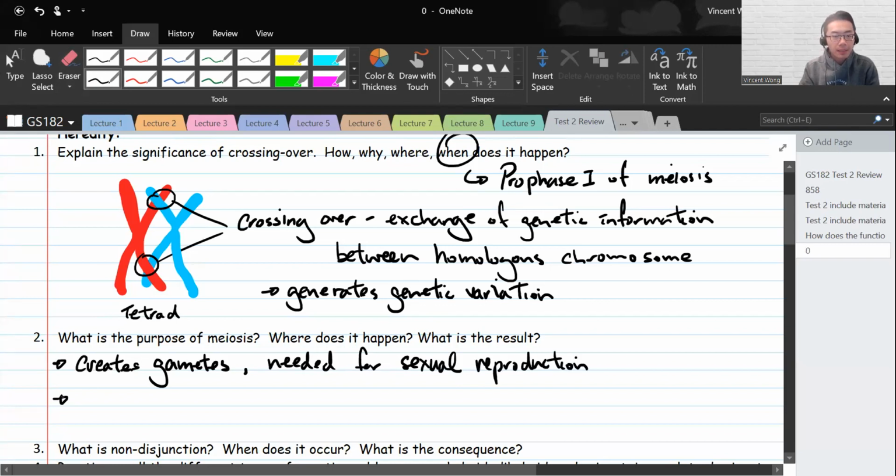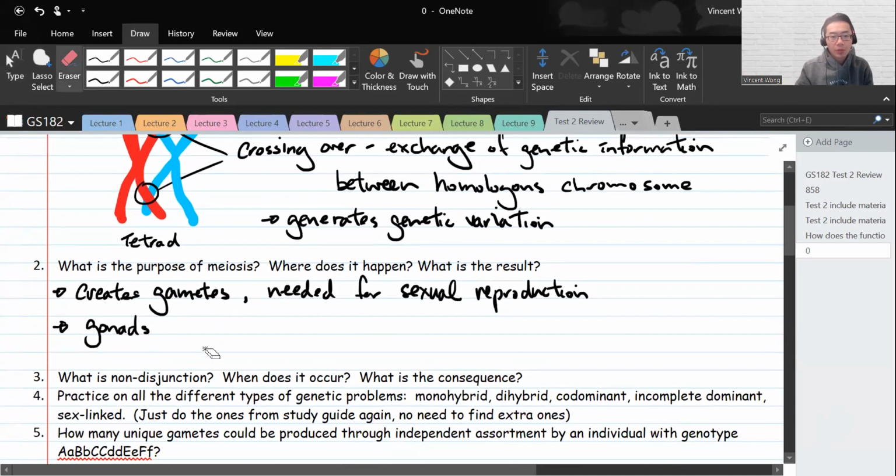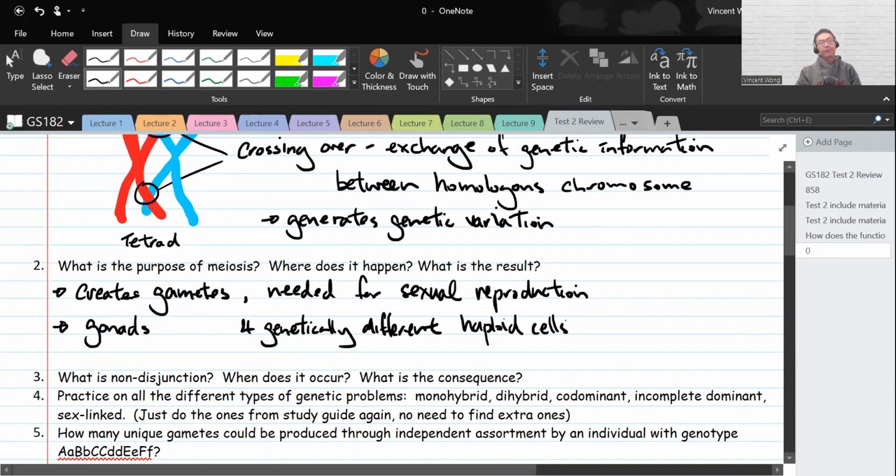Where does it happen? In the gonads, right? That's like testicles and ovaries. And what are the results? 4 genetically different haploid cells. Okay. It's pretty basic stuff.